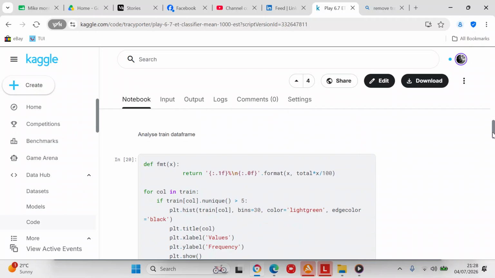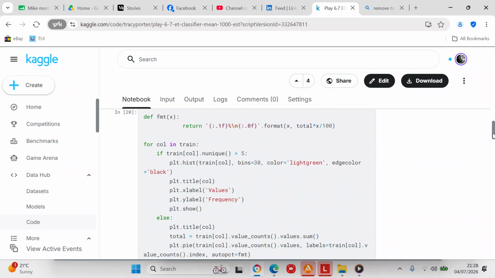So we're going to analyze the trained data frame. If the number of unique values is greater than 5, then you're going to create a histogram. But if the number of unique values is equal to or less than 5, then you're going to create a pie chart.